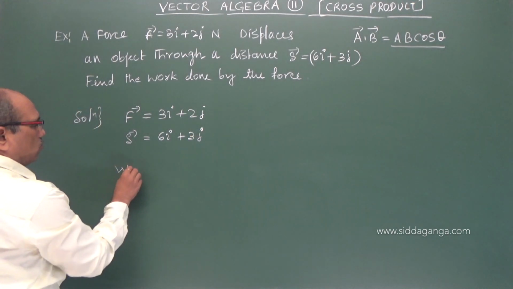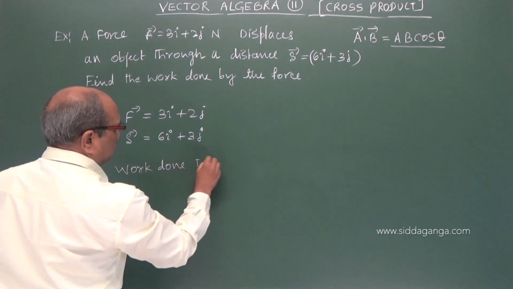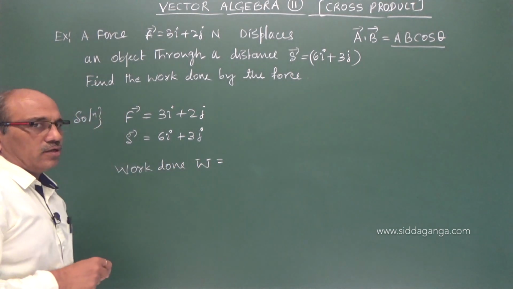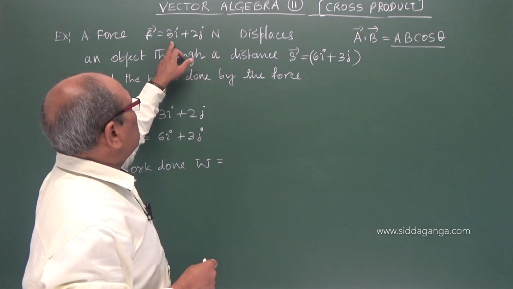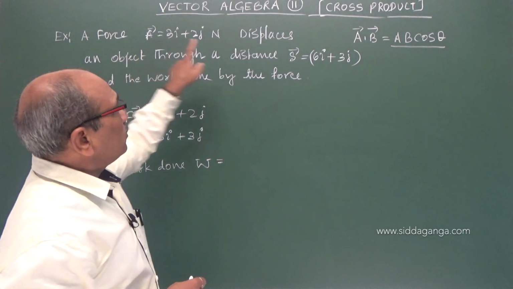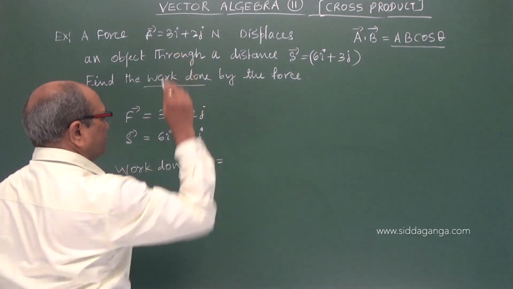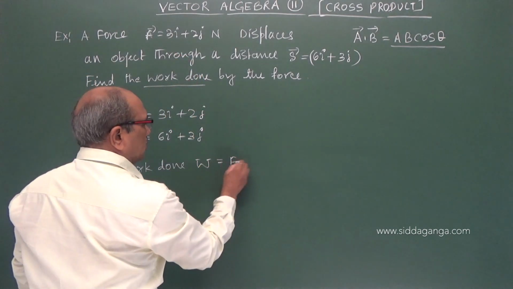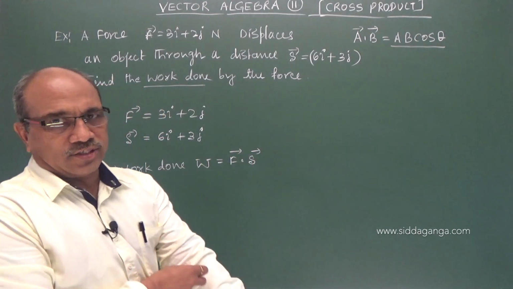The question is on work done. First you think about what quantity they have given and what they are asking. They have given the force 3i plus 2j, which displaces the body through a distance of 6i plus 3j. Then what is the work done? You already know work done is a dot product of F and S.